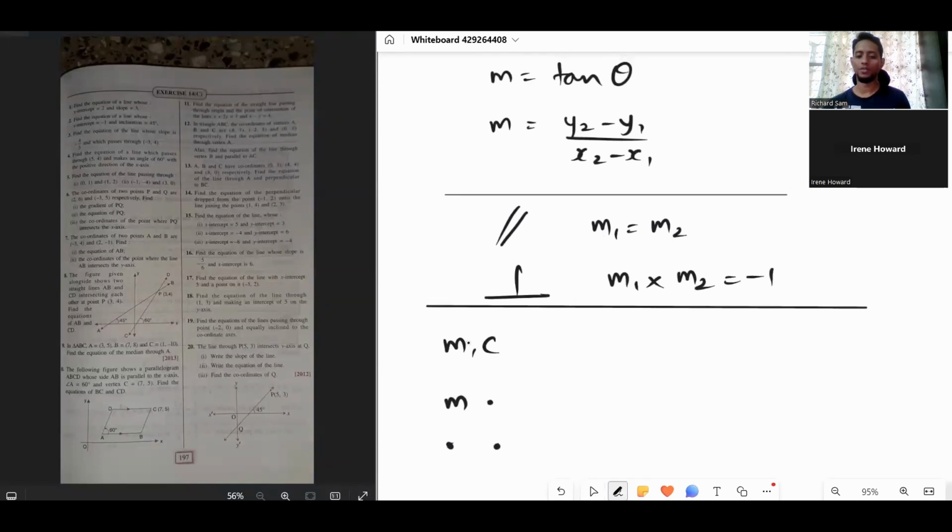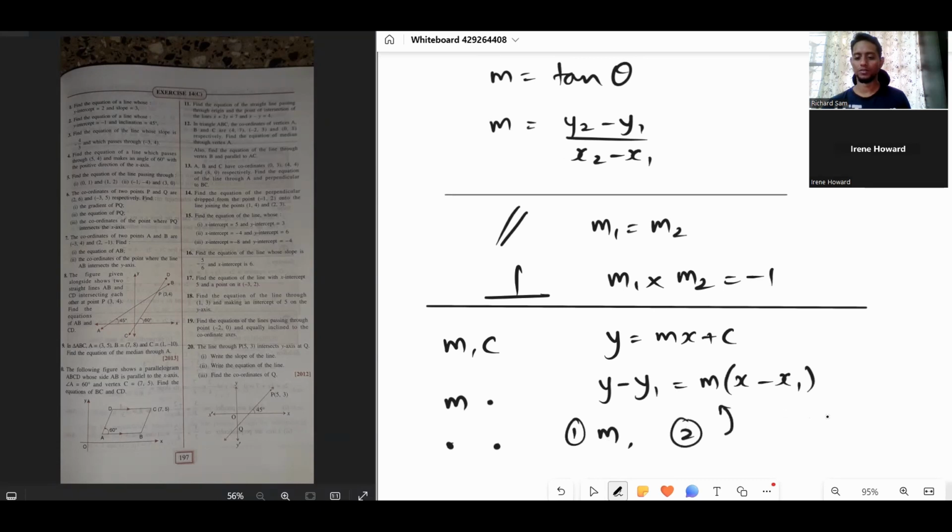How do we find the equation of a line using m and c? y is equal to mx plus c form. How do we use a point and slope? y minus y1 is equal to m into x minus x1. How do we use two points to find the equation? Find the slope first, then put it in and use this formula. Right? That's it. This is the whole chapter.